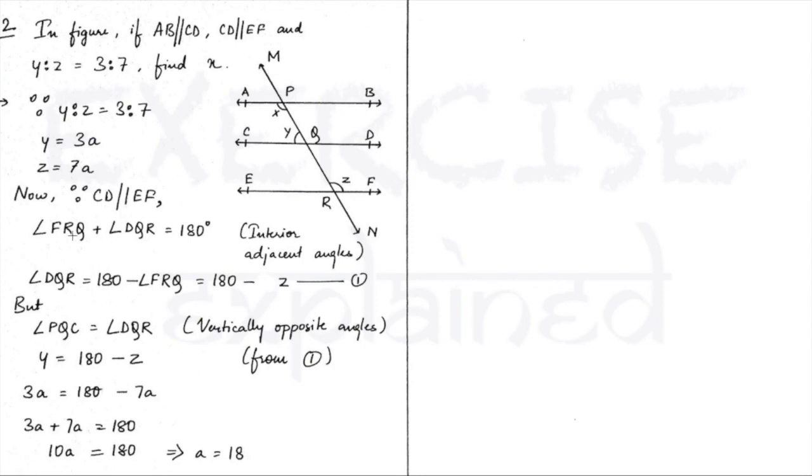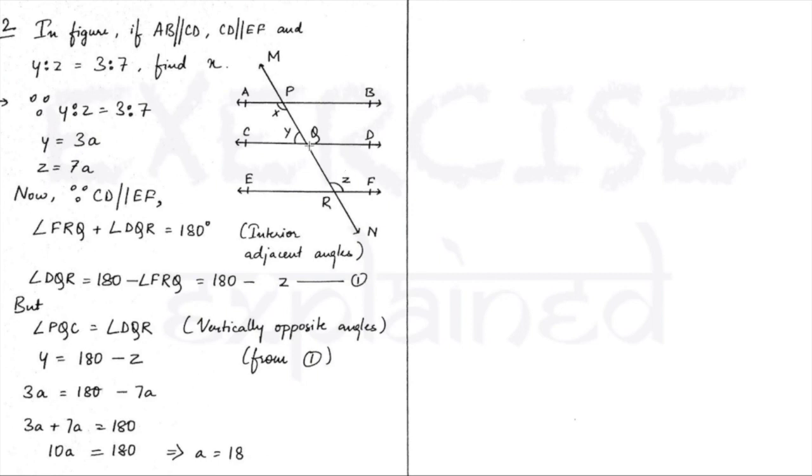Now if I take this FRQ to the other side, what I get is DQR is equal to 180 minus FRQ, that is equal to 180 minus Z, because FRQ is equal to Z, that is given in the question. So we consider that as equation 1. But what happens is PQC is equal to DQR.